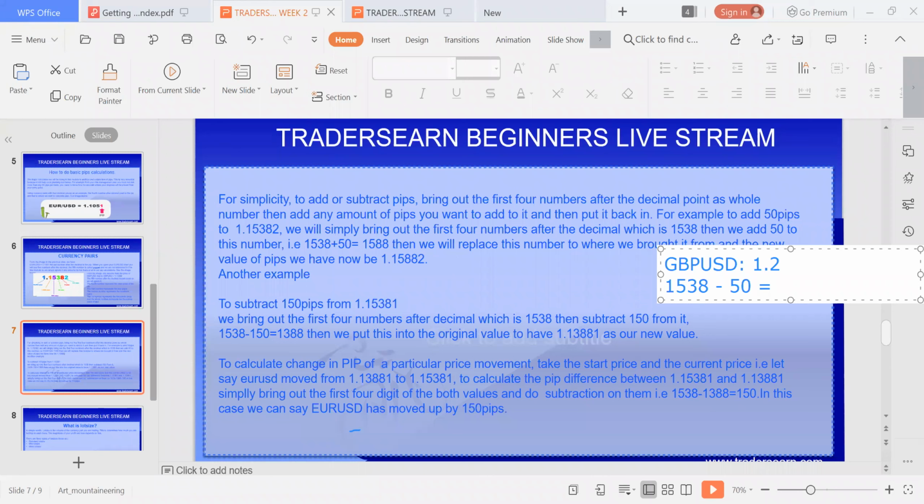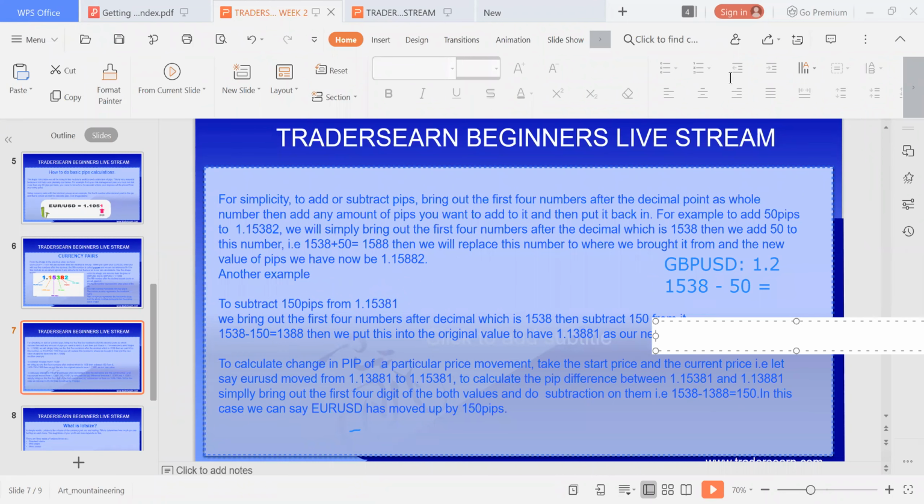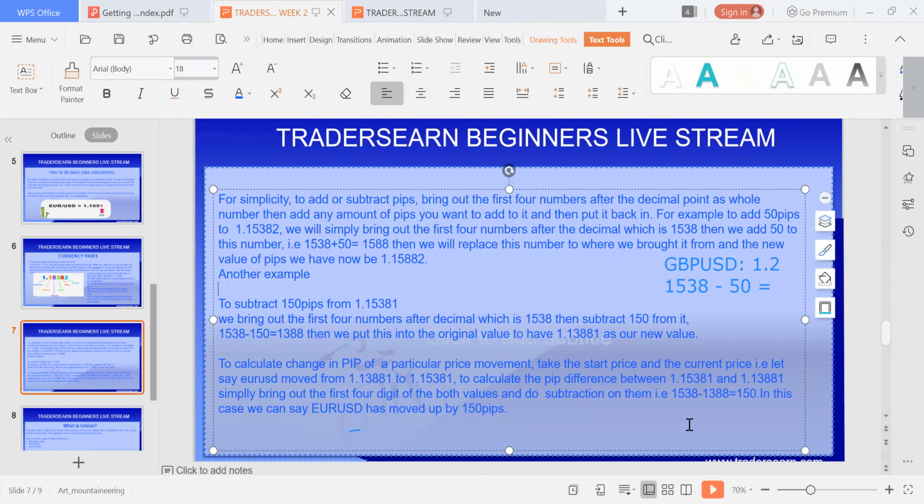Sorry, let me bring up the calculator. 1538 minus 50, so I will get 1488.